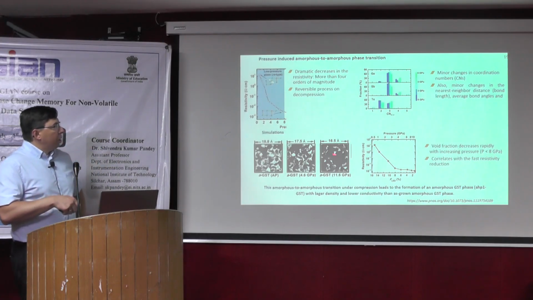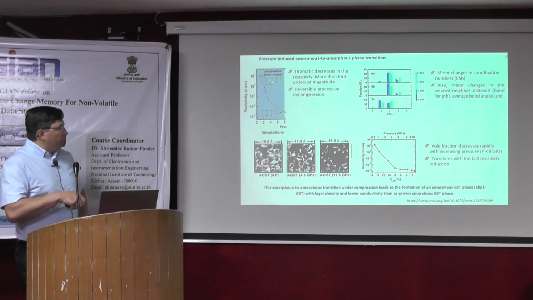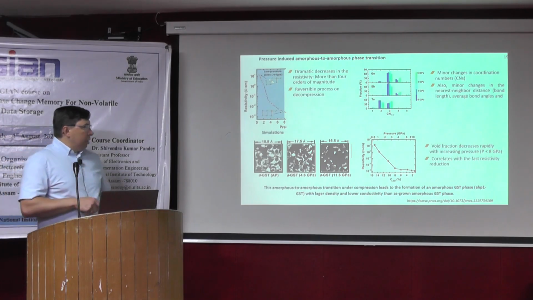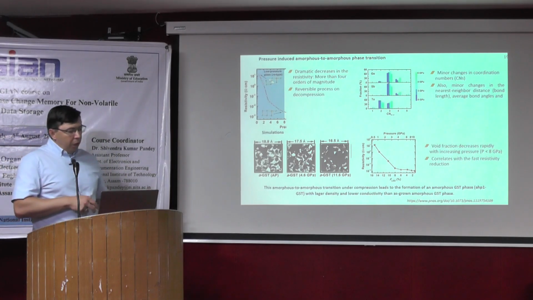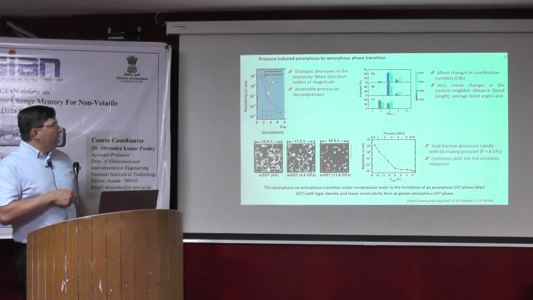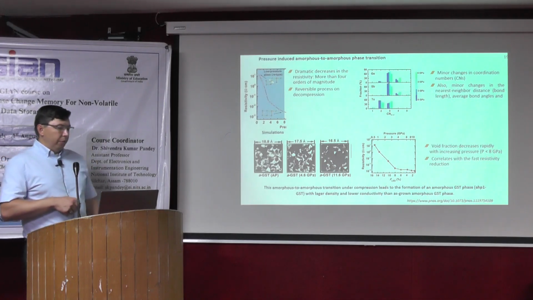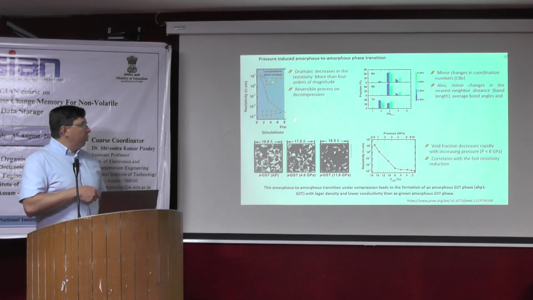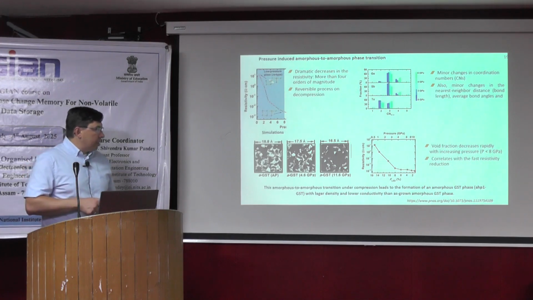So the fraction of this, you see here, if it goes from this state to this, the number decreases. It can also be quantified. So in this case, we have the transition from a less dense to a more dense phase under compression, and this more dense phase has different properties than the less dense phase.